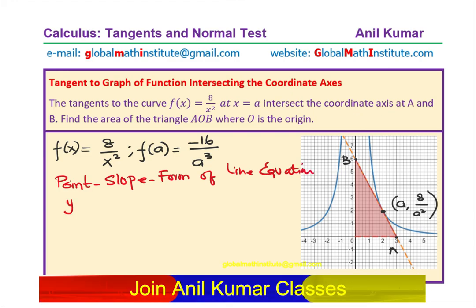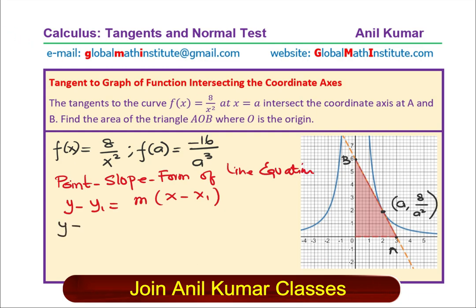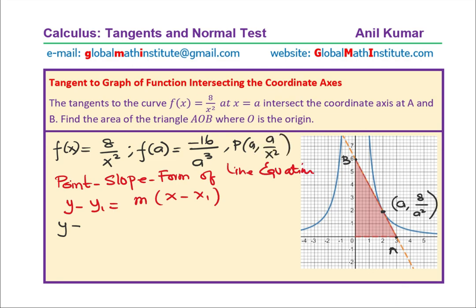Which is y minus y1 equals m times x minus x1, correct? So y minus the y value for us. Let me write down the point, which is a, 8 over a squared.